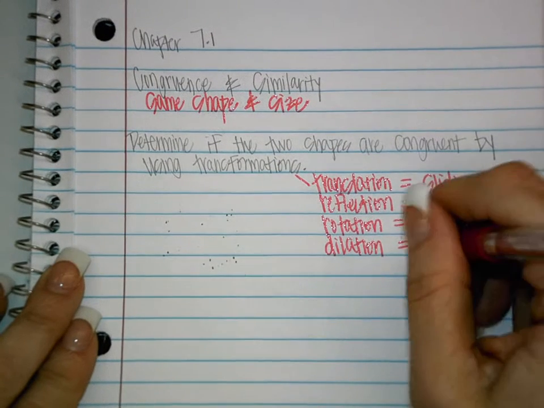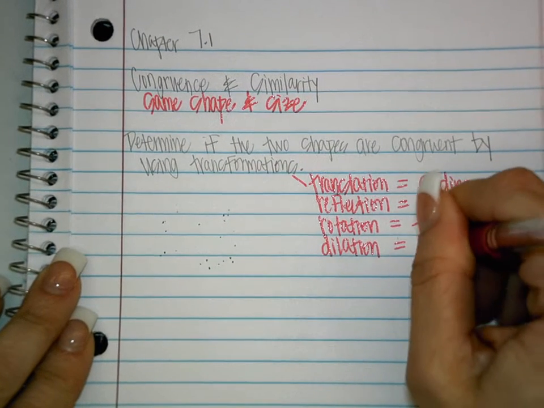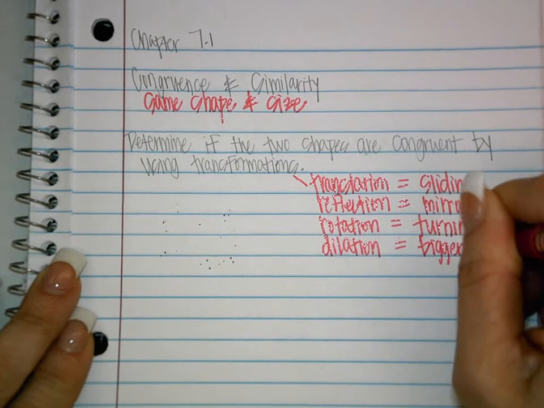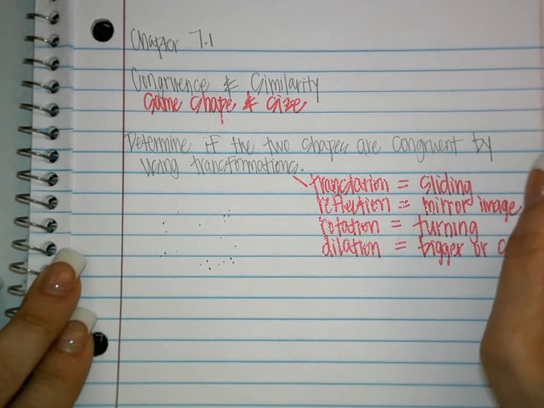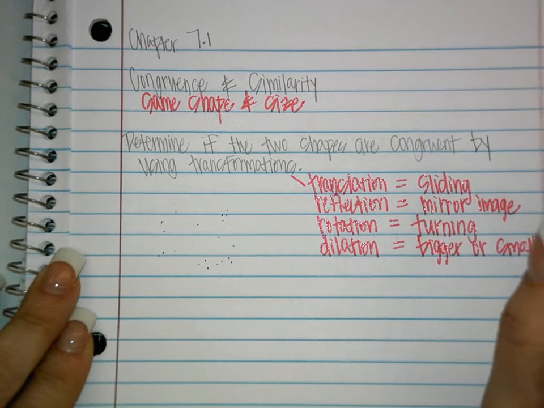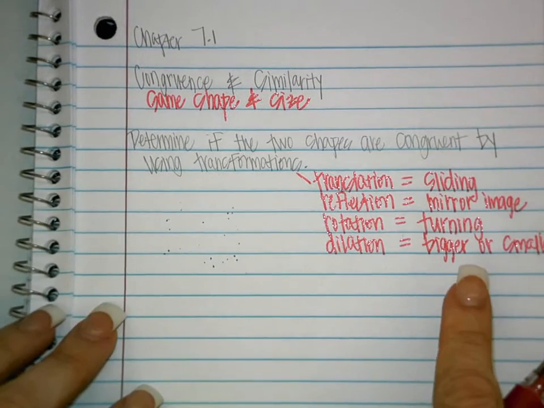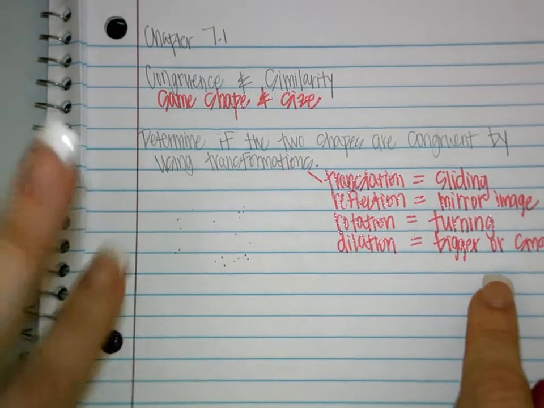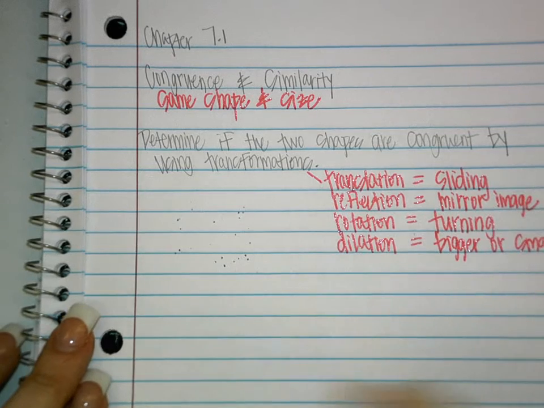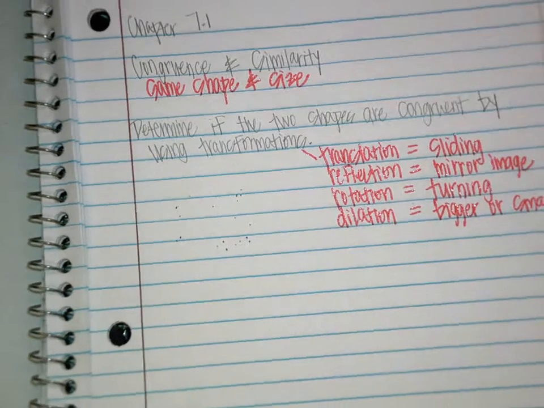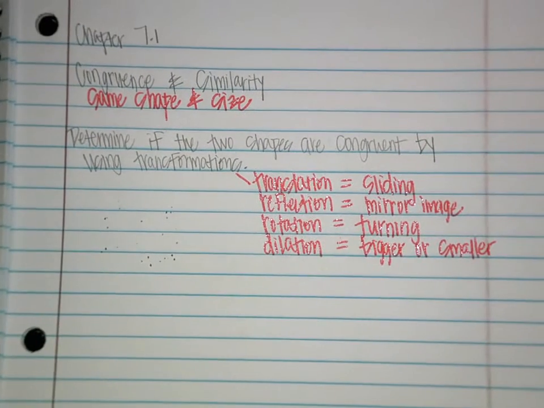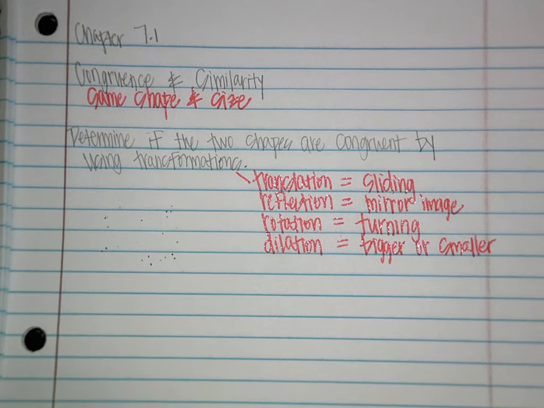So dilation is bigger or smaller. I thought translation was flipping. No, translation is when you slide something. Flipping is like a mirror image. That's a reflection. So those are the 4 different types of transformations. What is reflection again? Reflection is a mirror image. Thank you. Mirror image.